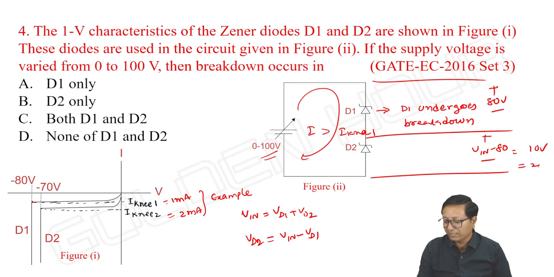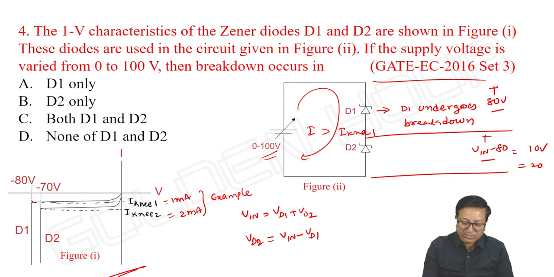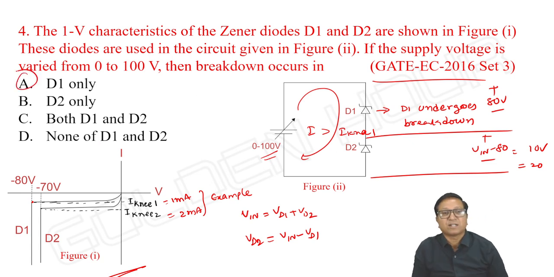If the input is 100, then VD2 will be 20 volts, like that. And you can go to a maximum input of 150. You can't go beyond that. When V input reaches 150, D2 also undergoes breakdown and the overall output is equal to 150. That is possible. So from the given characteristics, what we can understand is that only D1 undergoes breakdown.